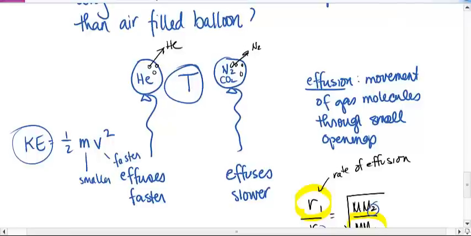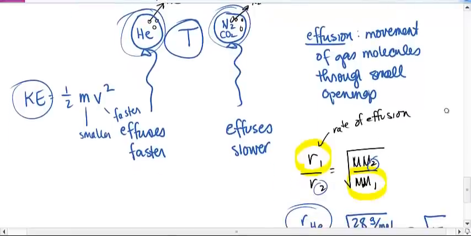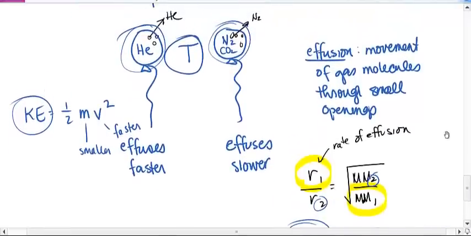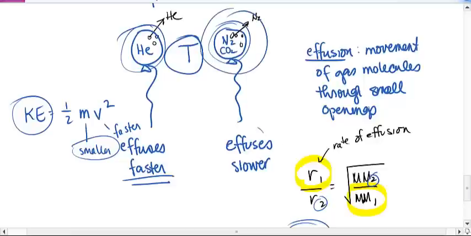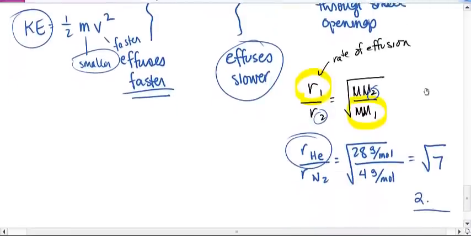So if they're moving around faster in there, they're more likely to encounter an opening than something that was bigger. And so it shouldn't be surprising that a smaller molecule will effuse faster because it's moving faster and more likely to encounter an opening than something that is a bigger molecule that is effusing slower.